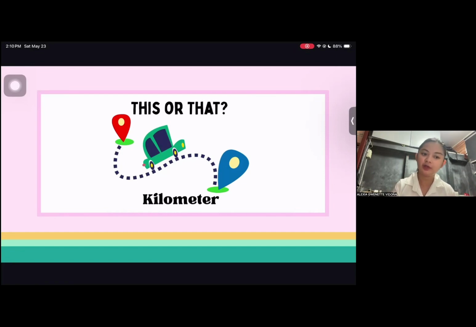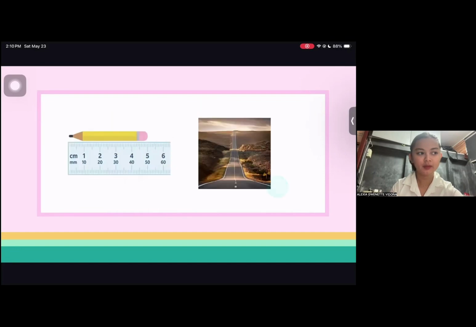Now let us move on to our next activity. Here, let us observe the pictures on the screen. So, what object is small? Anyone? Very good. The pencil is small. What about the road?